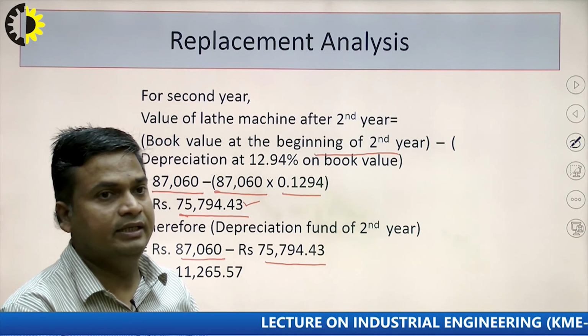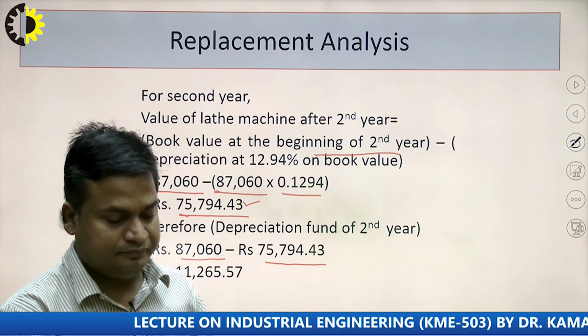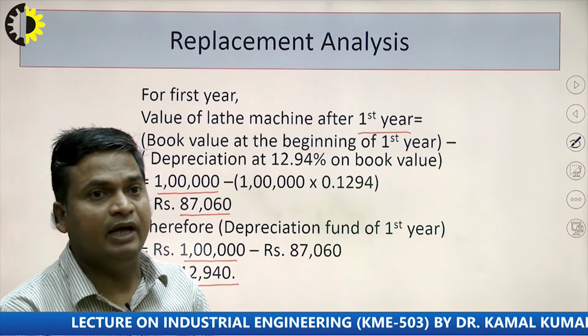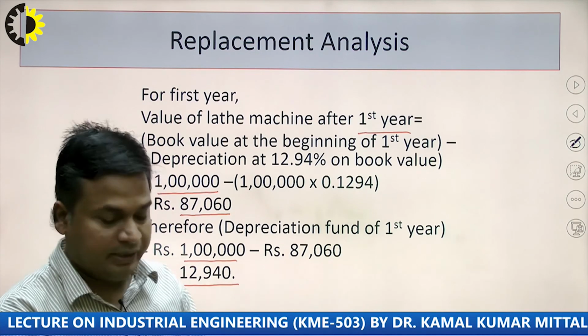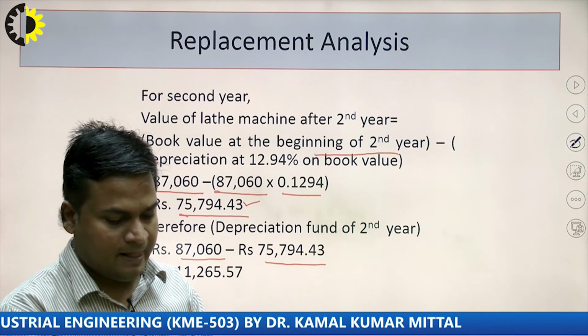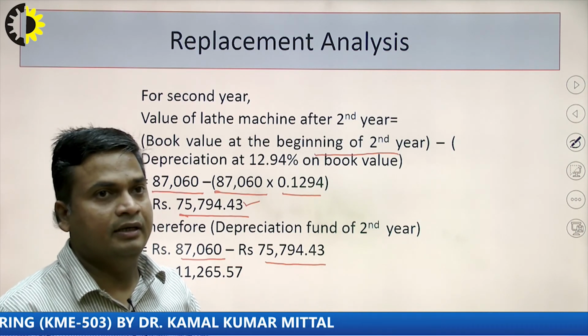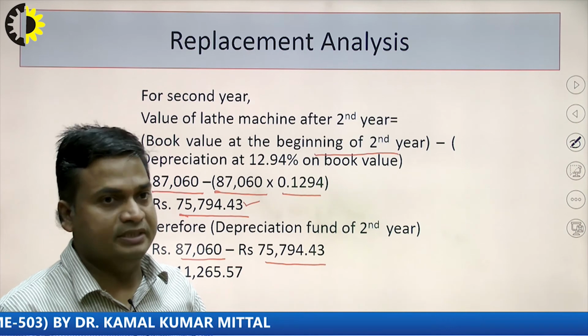So, after the second year the depreciation fund is this one. We see that after the first year it is 12,940, but after the second year it is 11,265. So this value is decreasing and continuously changing.